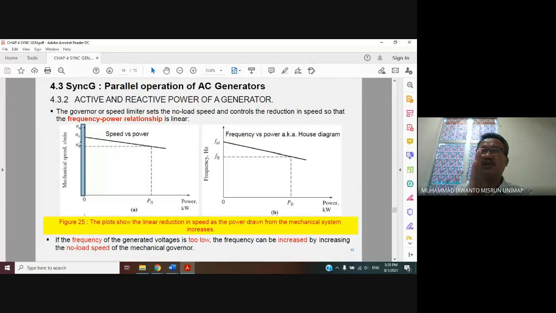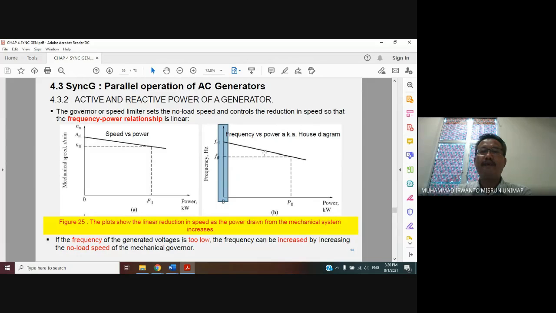Remember the formulation n equals 120 f over p. n is proportional to the frequency. So it can be drawn like this also, meaning we also have a frequency versus real power curve.